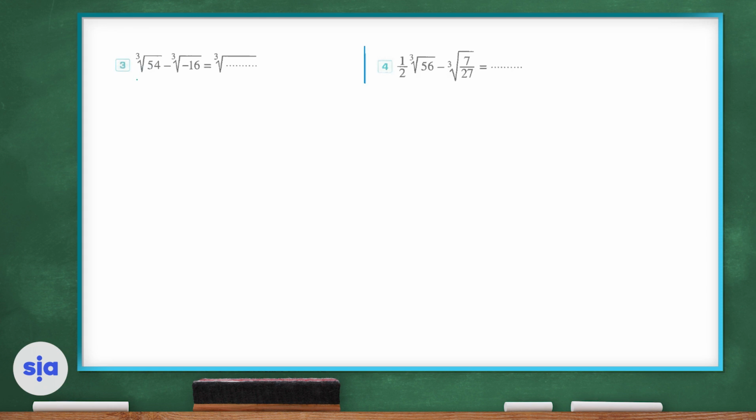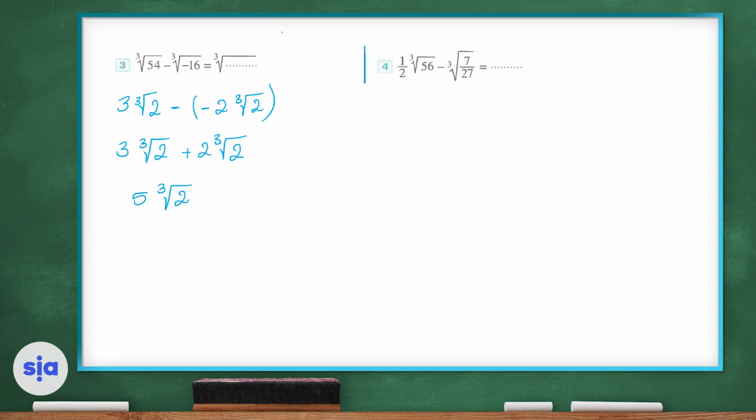Cubic root of 54, I need to simplify it by the prime factorization. I will see that it is 3 cubic root of 2 minus, and the negative 16 will be negative 2 cubic root of 2. So it will be 3 cubic root of 2 plus 2 cubic root of 2, then 3 plus 2 is 5 cubic root of 2.